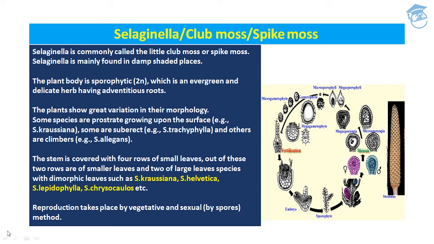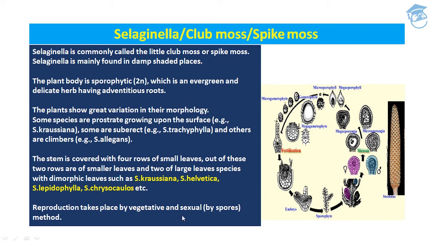The stem is covered with four rows of small leaves. Out of these, two rows are of smaller leaves and two of larger leaves. Species with dimorphic leaves are such as S. martensii, S. helvetica, where S is Selaginella, and so on.